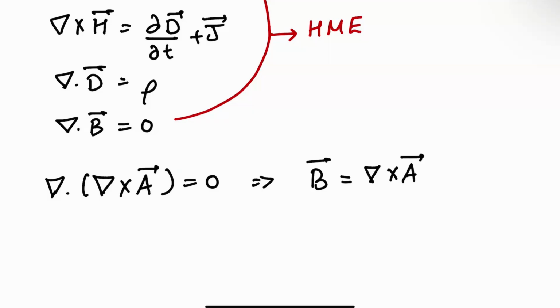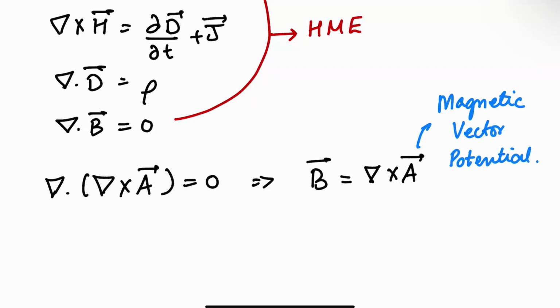Okay, and we'll call this vector field the magnetic vector potential.